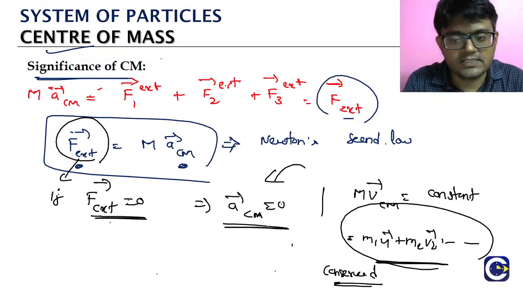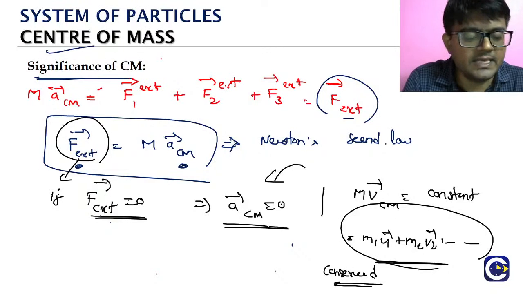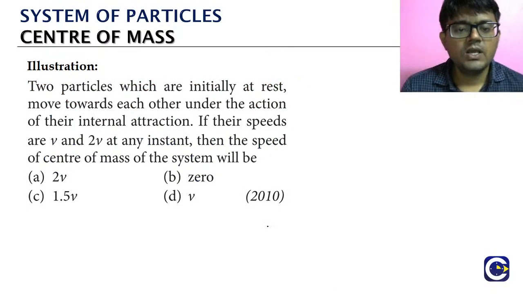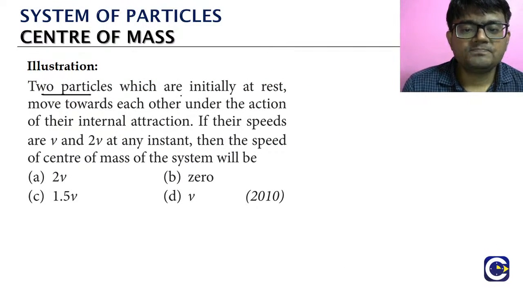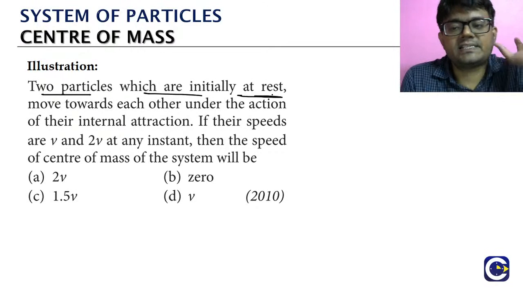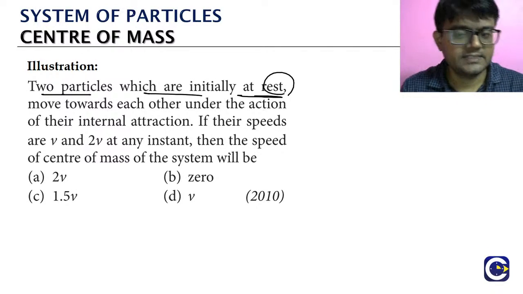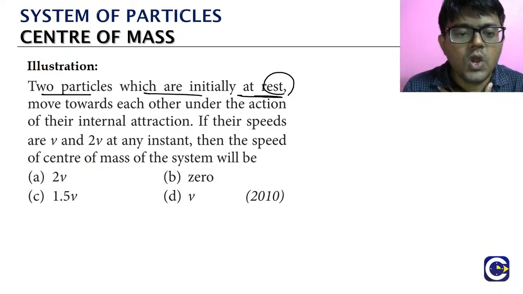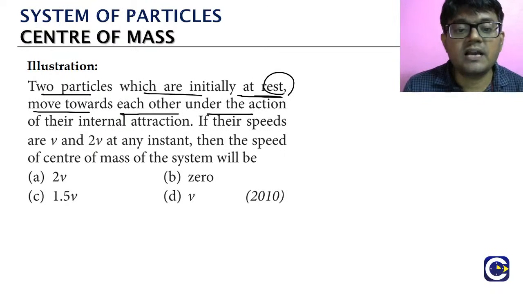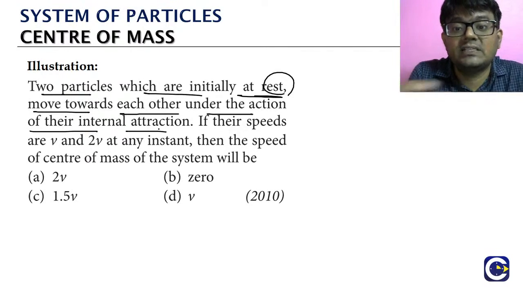Let us see what kind of questions can come from this. Look, two particles which are initially at rest, that is, not moving, move towards each other under the action of their internal attraction.